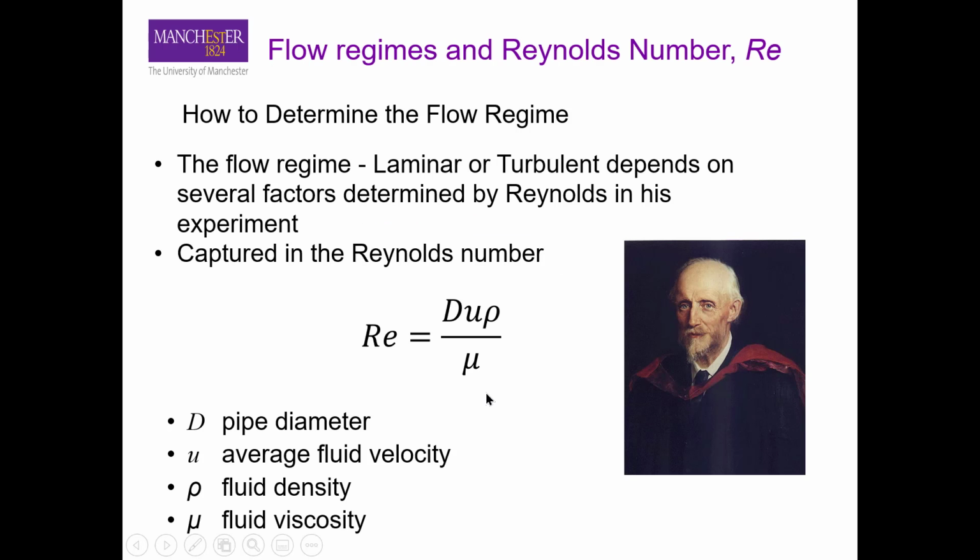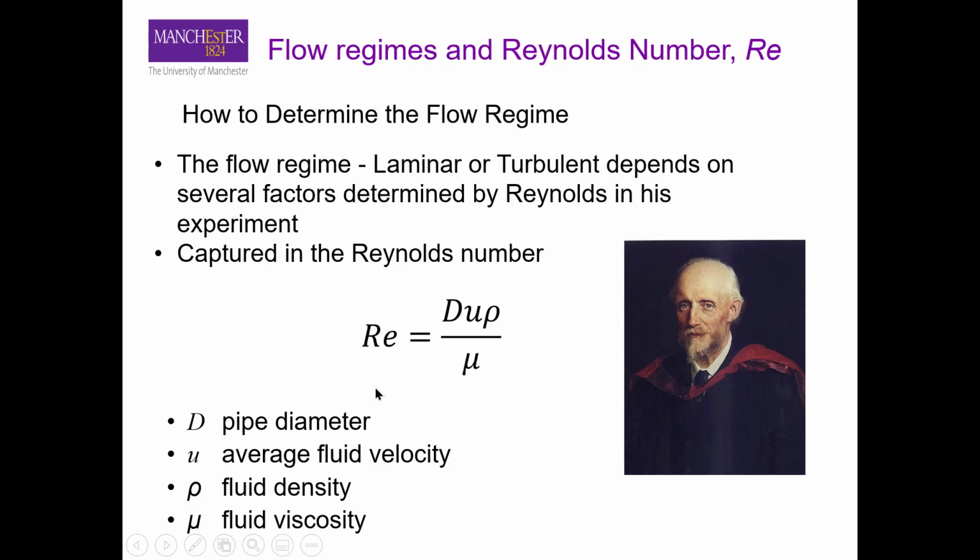Okay, so how do we determine the flow regimes? Reynolds observed how velocity affects the laminar to turbulent transition, and how viscosity plays a role.